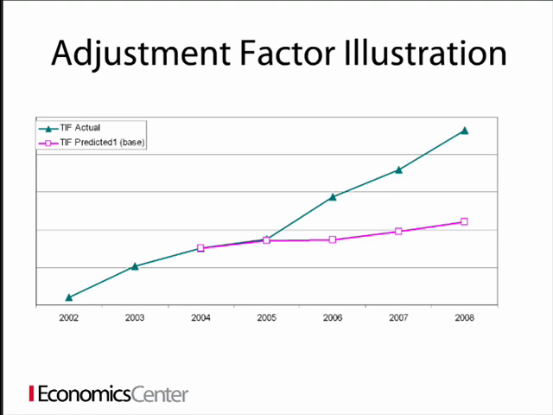Perhaps this is actually how reality manifests. So as we can see, if we get to 2006, we may see that the model produced what we would call a very conservative estimate of property values or property revenues, commercial property revenue, in 2006. Perhaps at this point, we think it's just something anomalous.